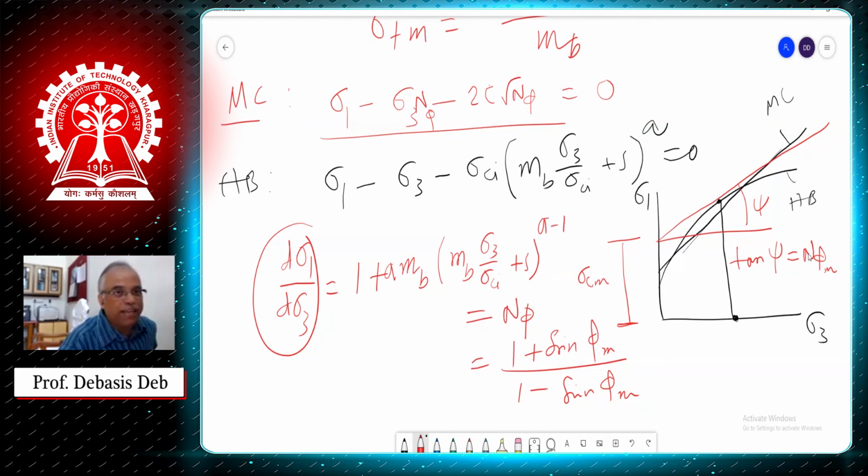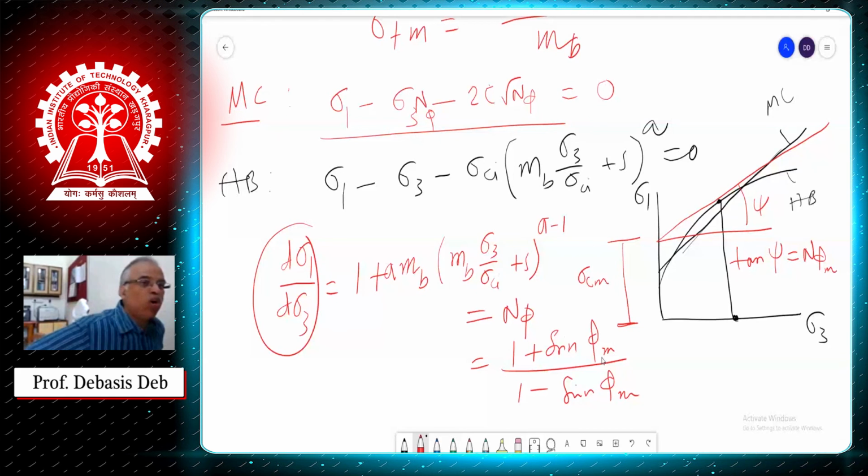Now that is my N phi, and that is nothing but 1 plus sine phi m by 1 minus sine phi m. So everything is known to me, so I will be able to calculate phi m. That is my equivalent friction angle of that entire rock mass. The equivalent phi m I am trying to calculate.